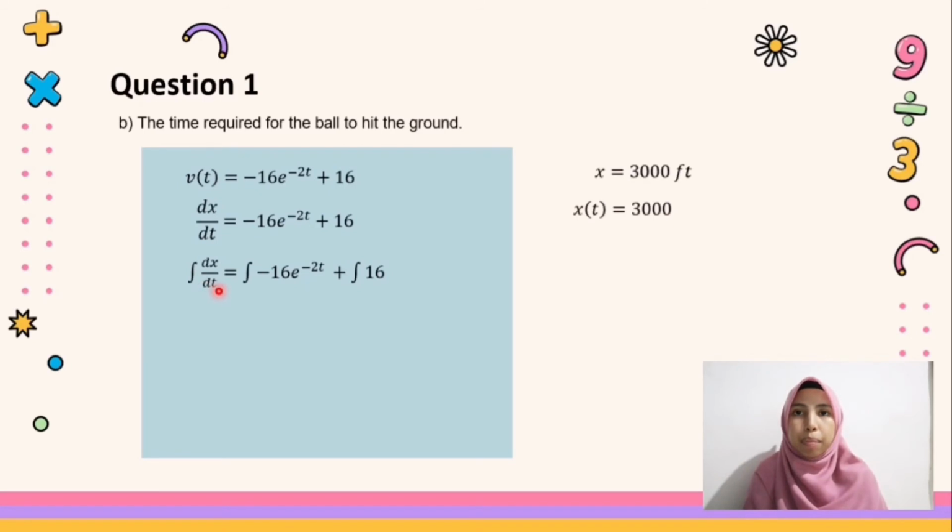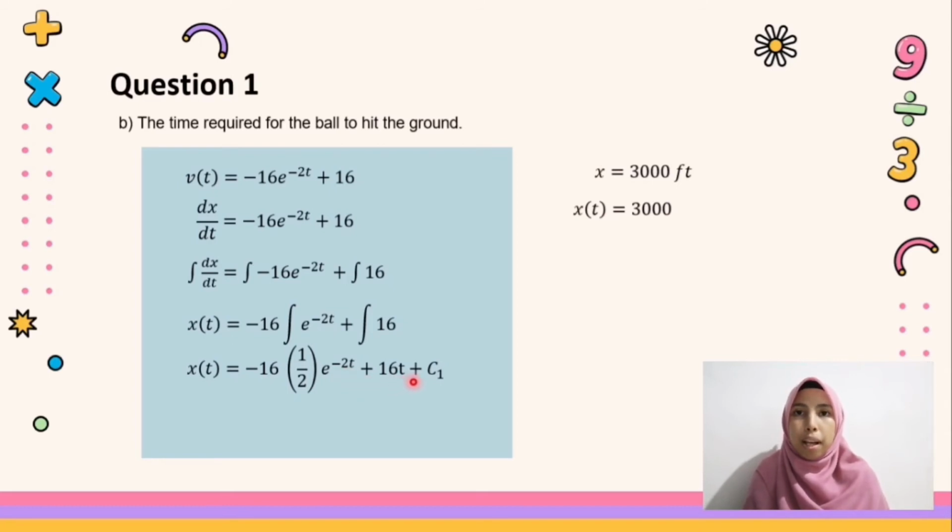We get xt equal to negative 16 integrate e to the power of negative 2t plus integrate 16. We get xt equal to negative 16 multiply 1 over 2 e to the power of negative 2t plus 16t plus c1. Okay, c1 is a constant, so we get the equation like this.